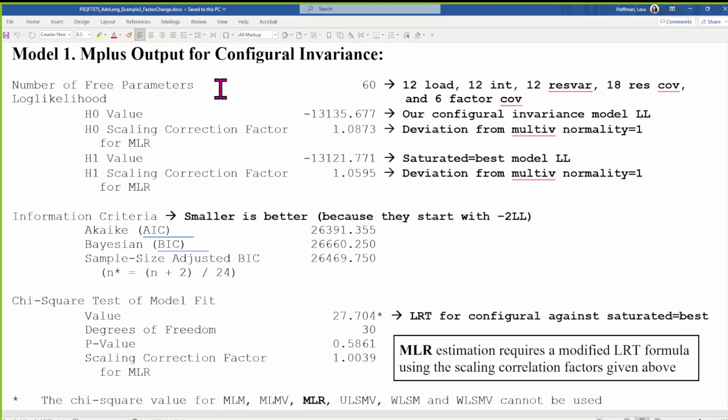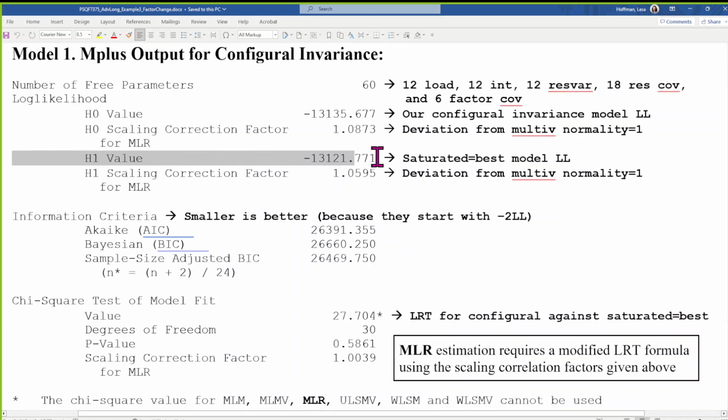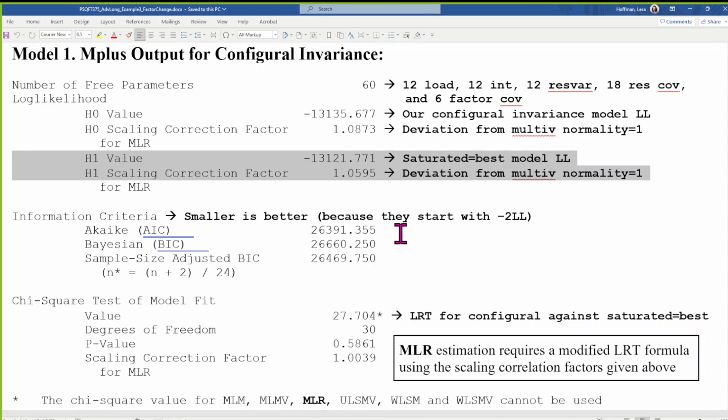That's only possible when you have balanced data. Essentially, this H1 model right here is how well the saturated means, unstructured variance model would fit for these 20 outcomes. In SEM language, it's called the saturated model, and this is log likelihood.